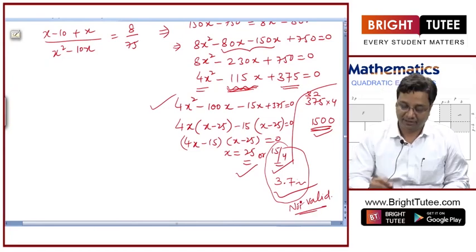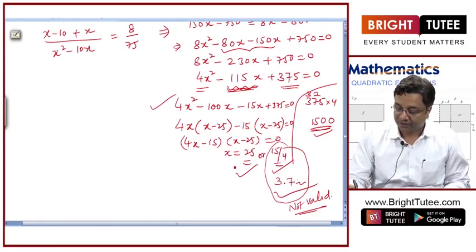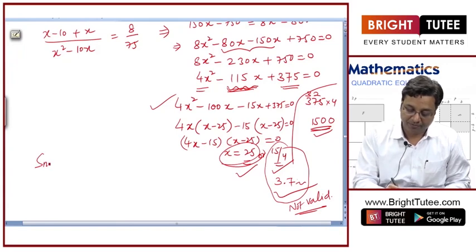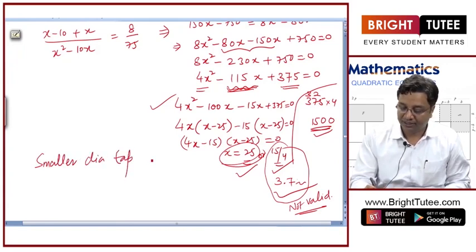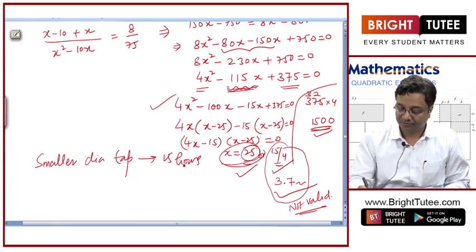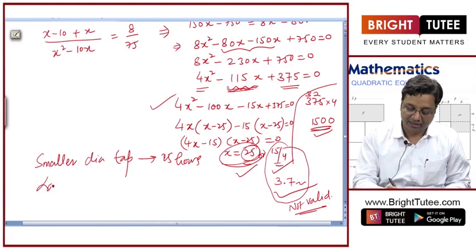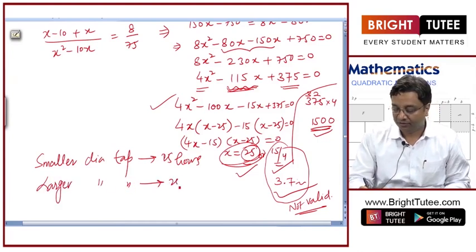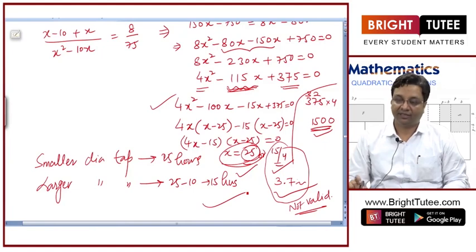So the smaller diameter tap fills the tank in 25 hours, and the larger diameter tap will fill it in 25 minus 10, 15 hours, right? So this is our final answer.